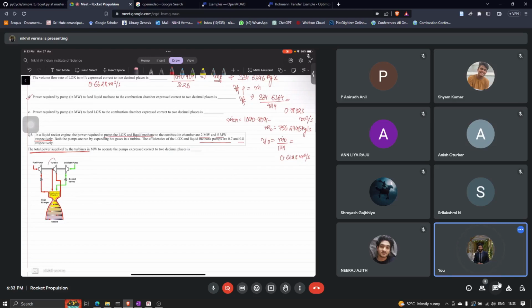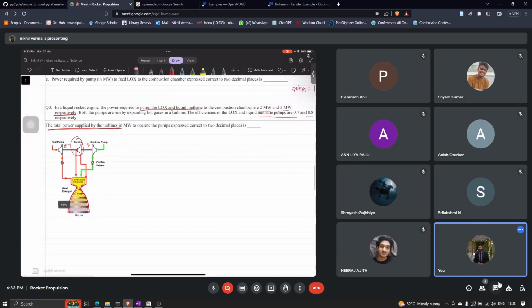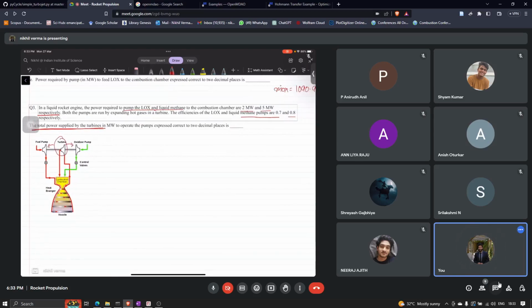There's a turbine which drives the pump for kerosene, and it drives the pump for oxygen. So the actual power would be 2 divided by the efficiency, 0.7, and then 5 divided by 0.8.